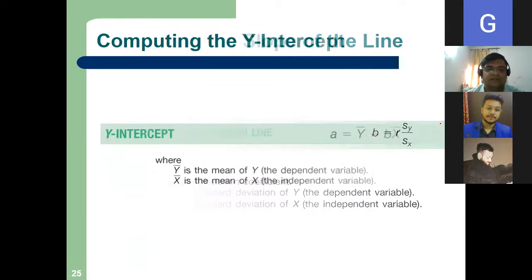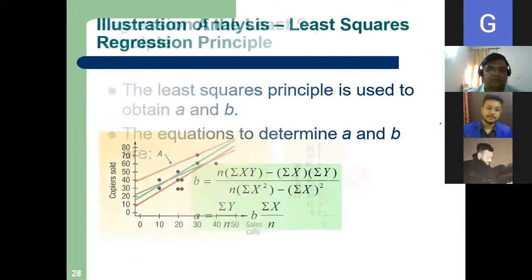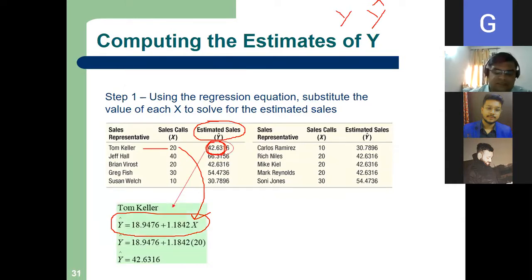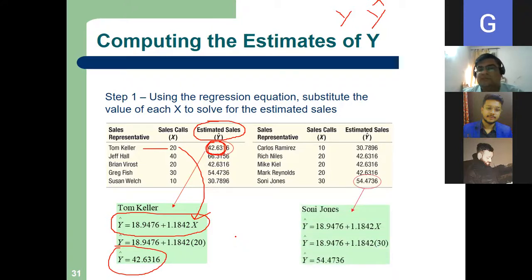Why is this difference coming? Why is my predicted y 42 but actual y 30? This is called the error in the regression equation. Y minus y hat is called the error. Error means unexplained variance.